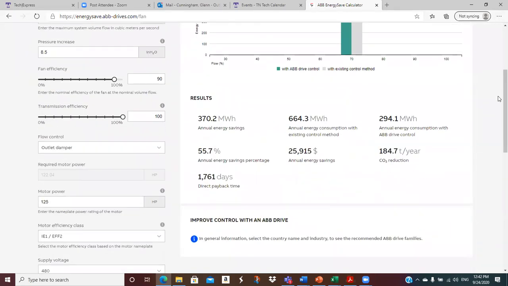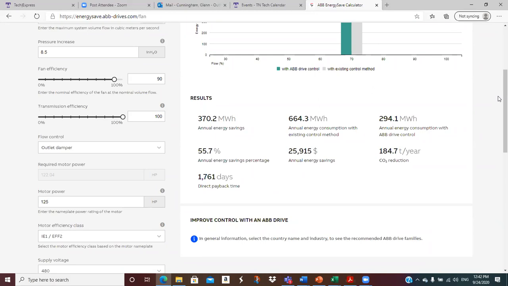Well, there's direct payback. Okay, so 1761 days, divided by 365, 4.8 years, according to this. Let me see, 125 times... Oh, that project cost is way too high.